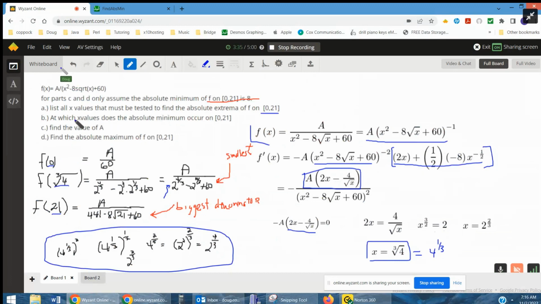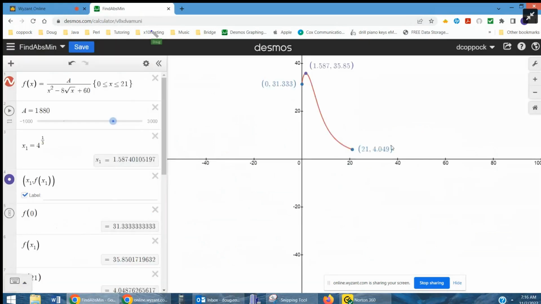So to answer question B, when does this reach an absolute minimum? It reaches that absolute minimum at this biggest denominator, so f of 21. And that's what we saw on this graph over here. Absolute minimum occurs when x is 21.